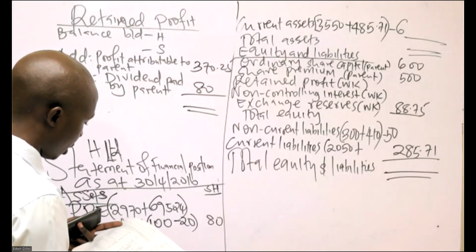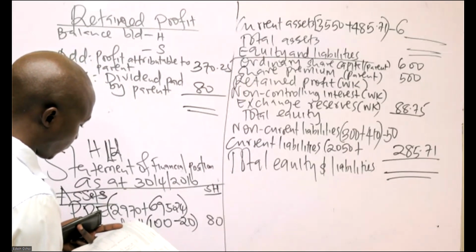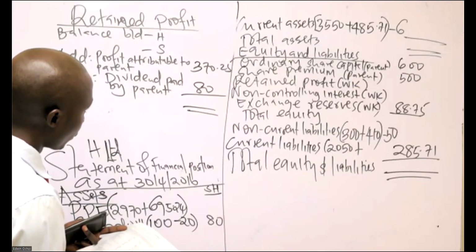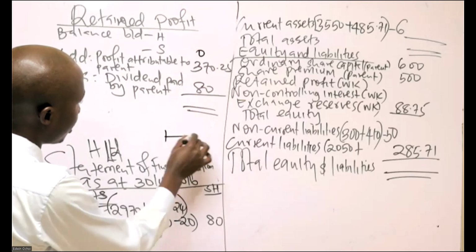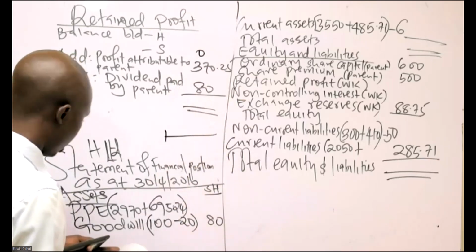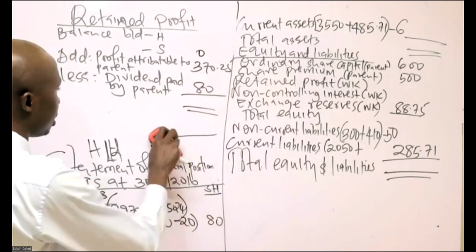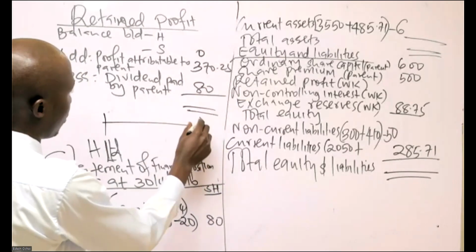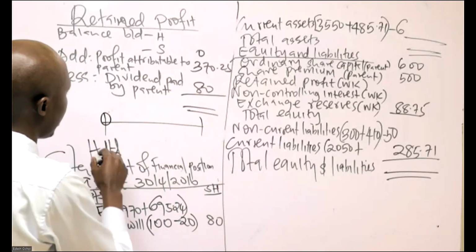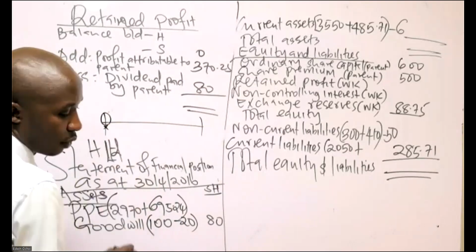What about for S? S was acquired when? As at the start of the year, so this is 0. If it was acquired in the current year, it cannot have a balance brought down, because the balance brought down is just forwarded from the previous year.